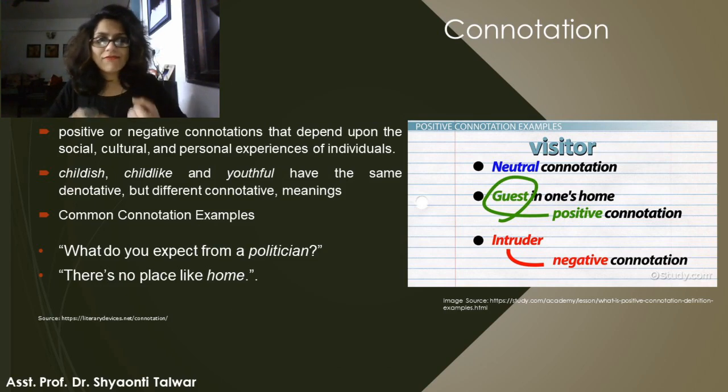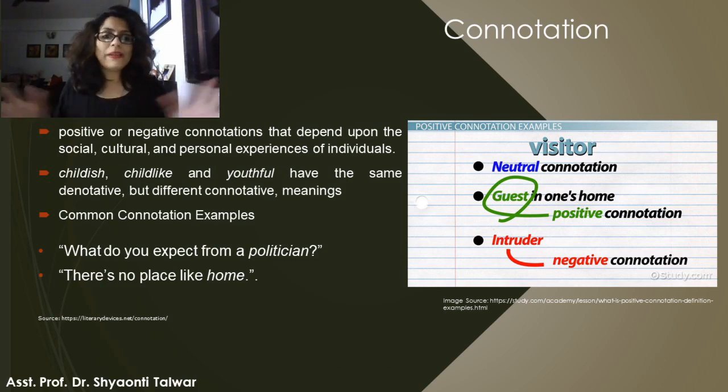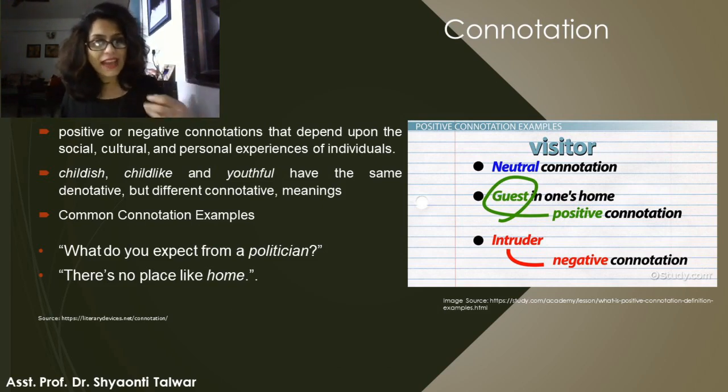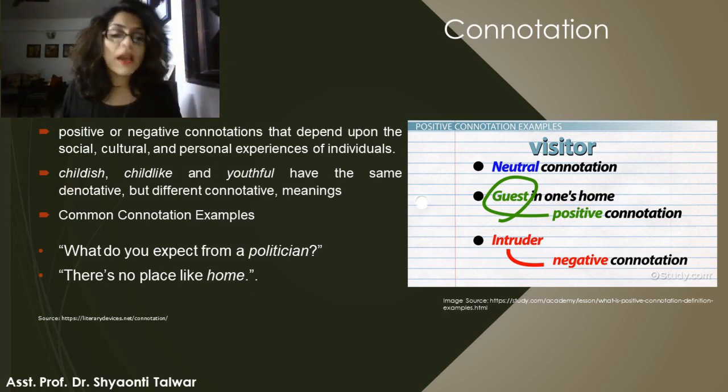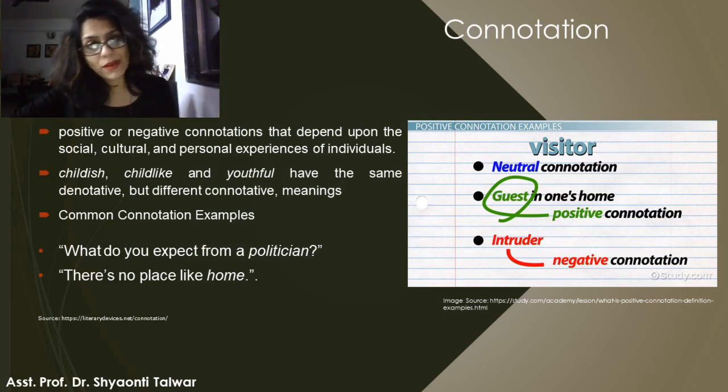So it could be comfort, it could be security, it could be warmth, it could be love, bonding, family, affection. So, no place like home. That is how words have an inherent connotation in them, and sometimes it also depends on how they are being used, how they are being contextualized. So that was all about connotations.